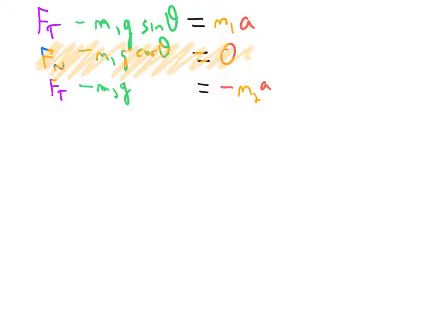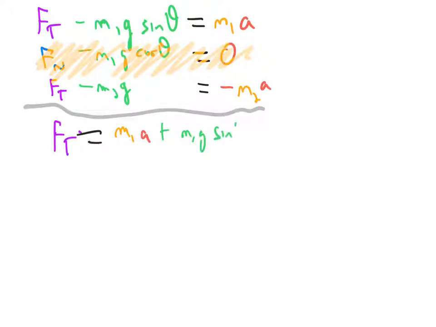You can also do things like subtract the second equation from the first equation. But I'm going to do it slightly the way I just said. I'm going to solve for Ft and combine them. So I end up with that Ft, according to the top equation, is m1a plus m1g sine theta.